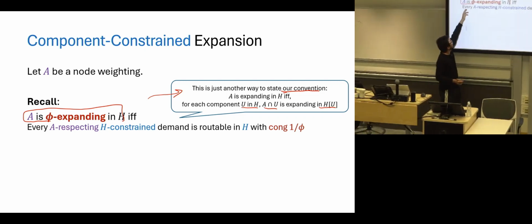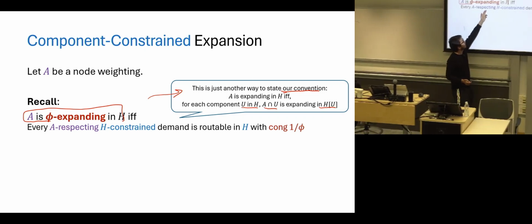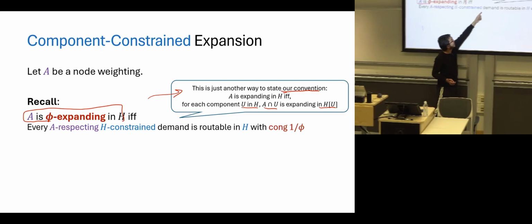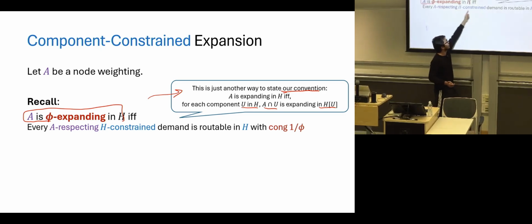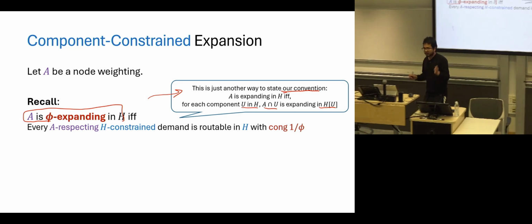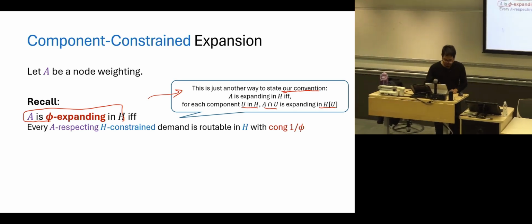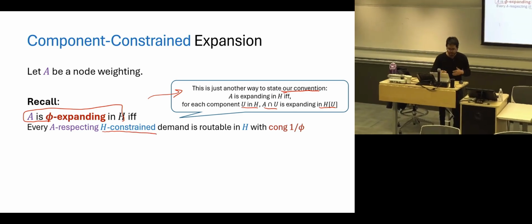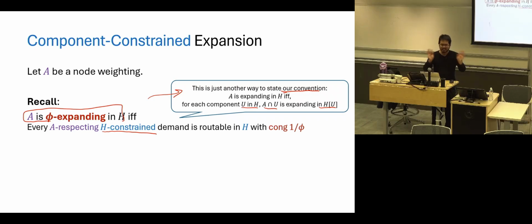Just to say that for every A respecting demand that is also H constrained, so we only try to send flow between the same components of H, this demand is routable with low congestion. Okay. So this is just to put this word into the context of previous notation, previous terminology.